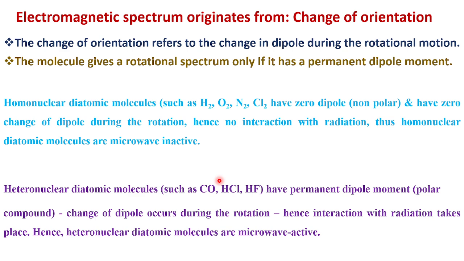Obviously the molecule should have a permanent dipole moment, or it must be a polar type of molecule. Then only will the dipole moment change during rotation. So a homonuclear diatomic molecule will be IR inactive. If you irradiate it with IR radiation, no changes will happen inside the molecule. But if it is a heteronuclear diatomic molecule, or a polar molecule, and you irradiate it with IR radiation, it will respond.